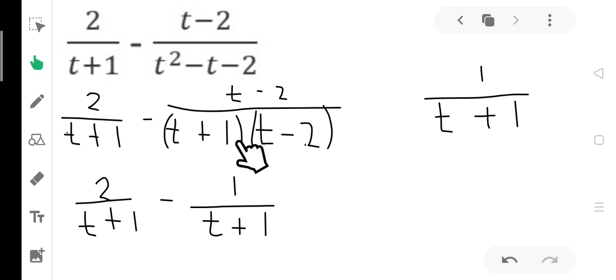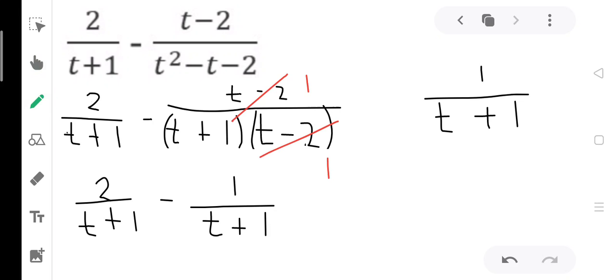Now, as you could see, the numerator is t minus 2. Okay, there is a common factor in the second rational expression. We have t minus 2 and t minus 2. So, t minus 2 divided by t minus 2, this becomes 1. And this becomes 1.